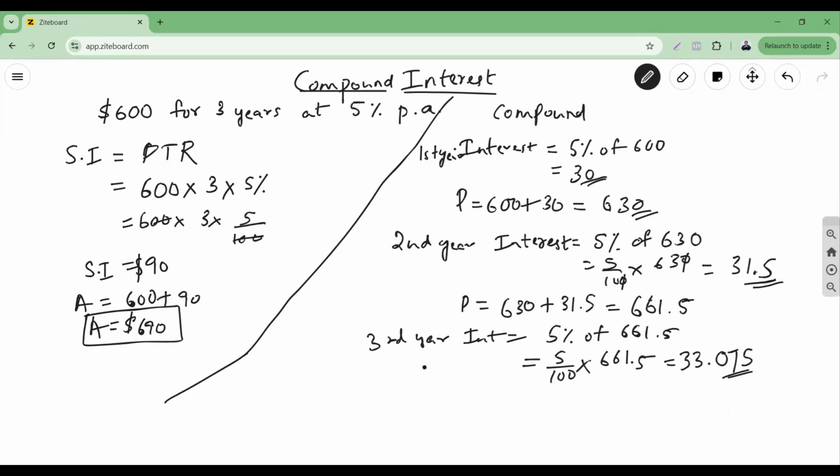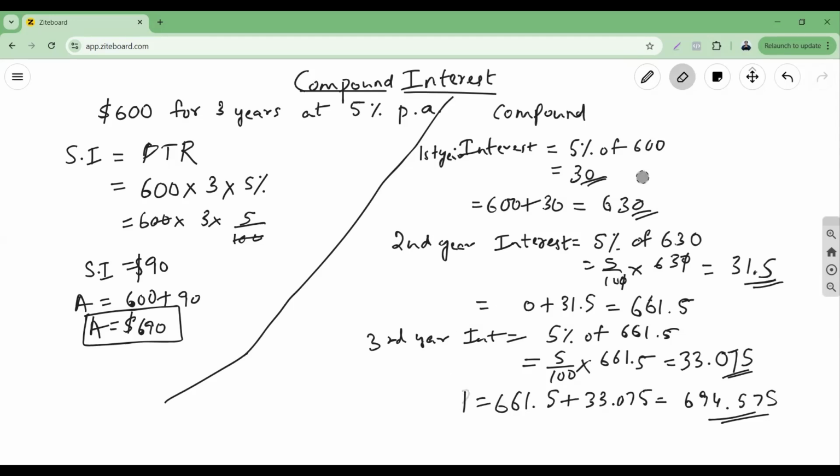So at the end of the 3 years, I'm going to get 661.5 plus this 33.075, which is $694.575 as the amount that I'm going to get. So it's not just the principal now, because we're adding the interest.